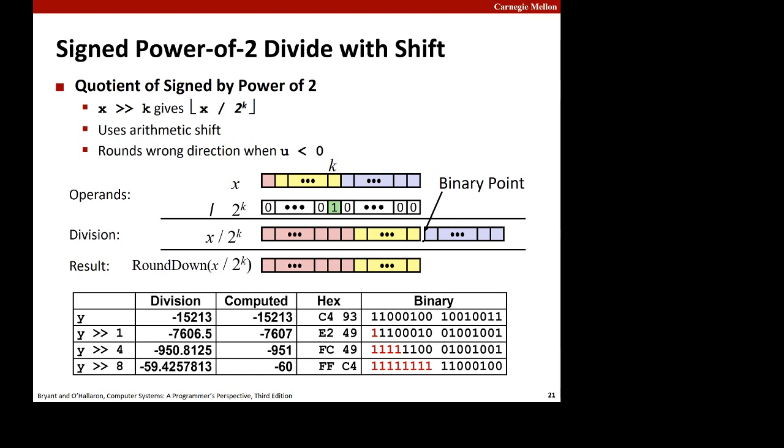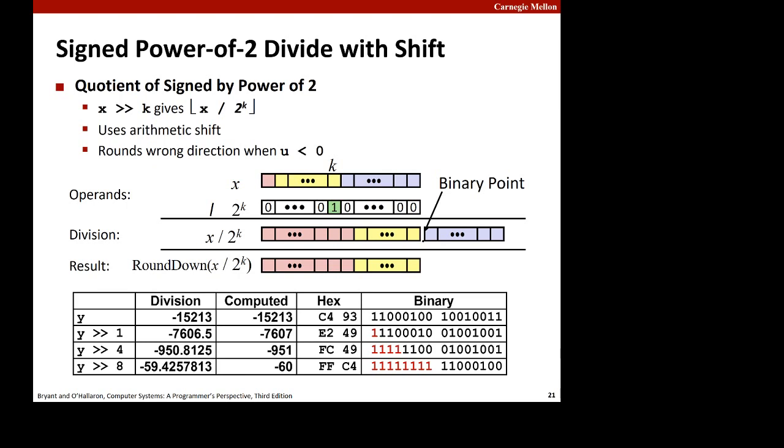For example, if I take minus 15,213 and divide it by 2, I get minus 7606.5. Now if I just throw away these bits, the problem is those bits had a positive value. So what I'm actually doing is decreasing this number, or what they call rounding it toward minus infinity.